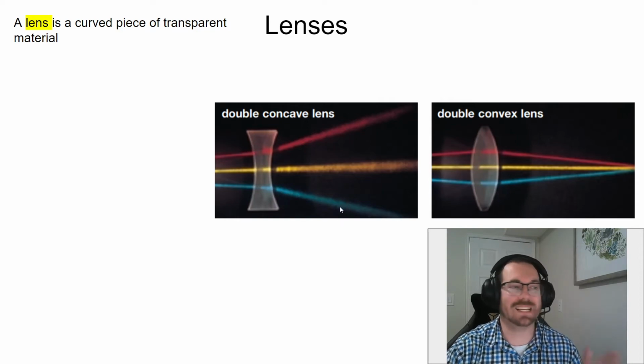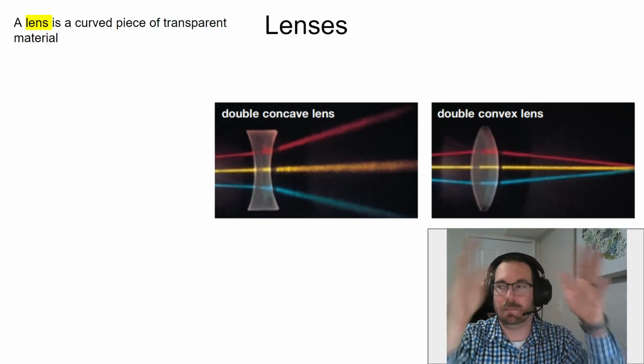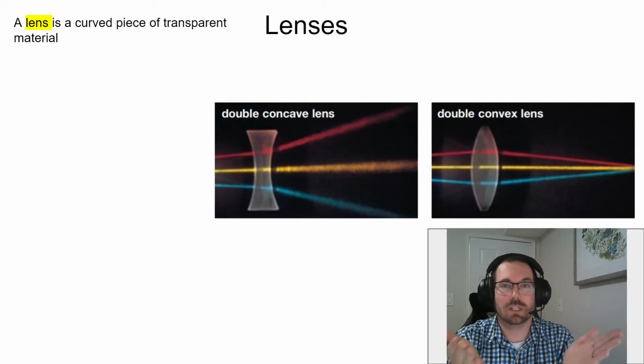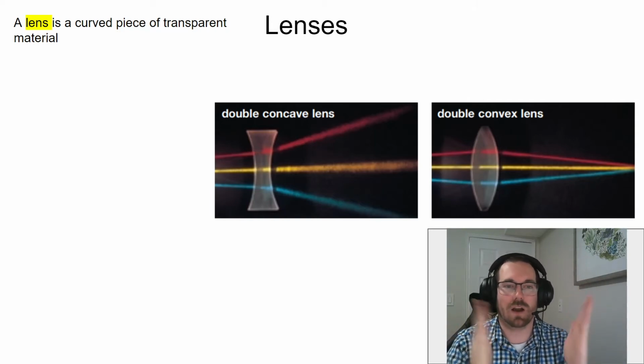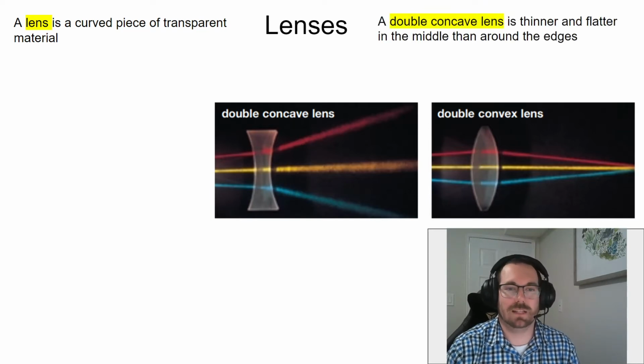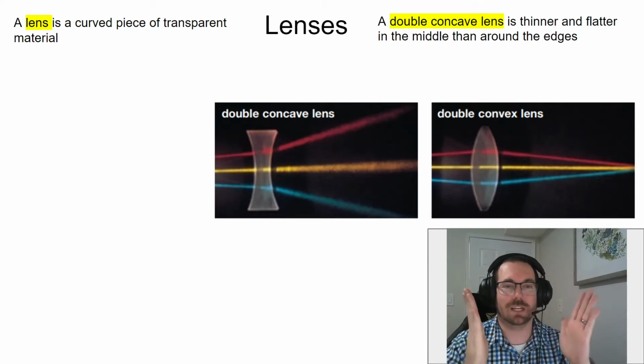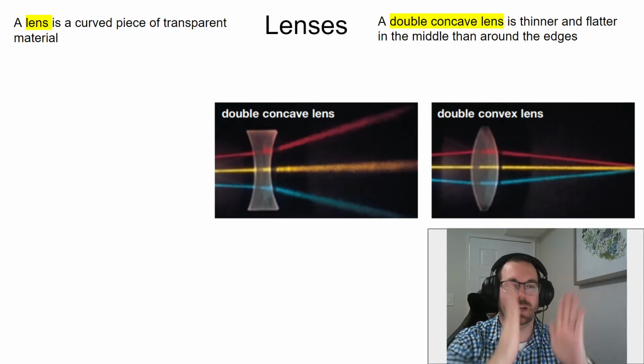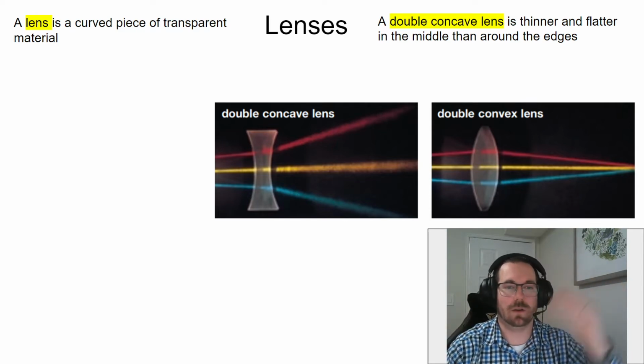Remember that concave means that it caves in, and convex means that it bubbles out. And here we just have a double one, meaning that we have one on either side. So a double concave lens is one that is thinner and flatter in the middle and kind of goes outward around the edges. So it caves into the center and it's thicker on the top and on the bottom here.